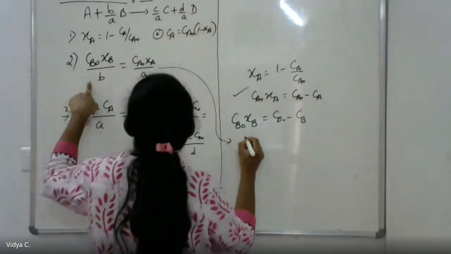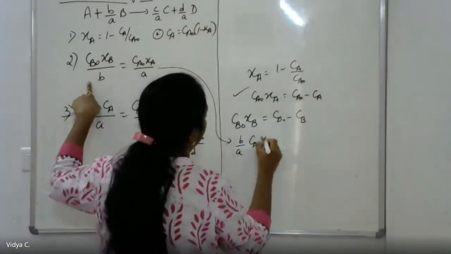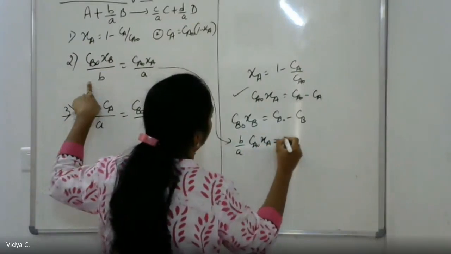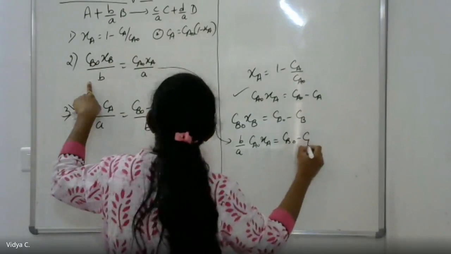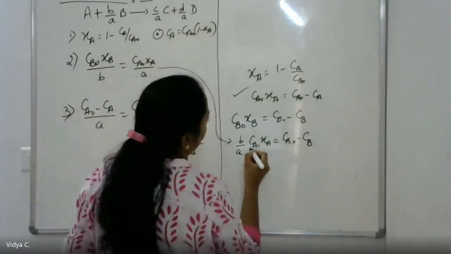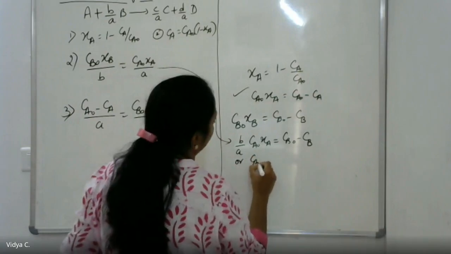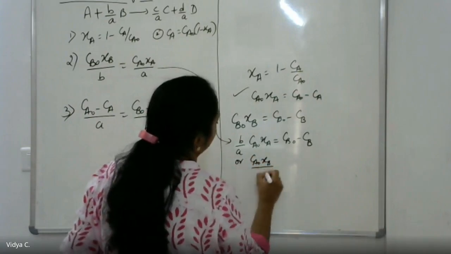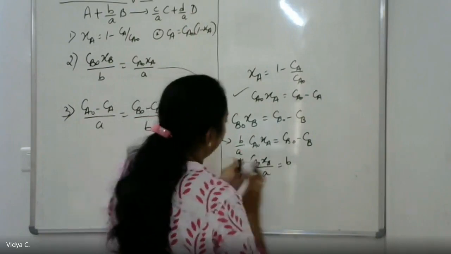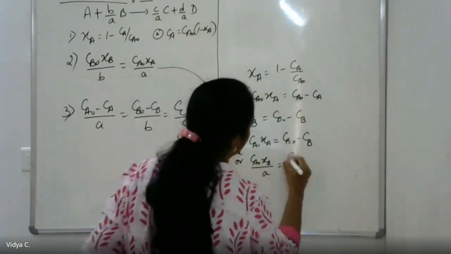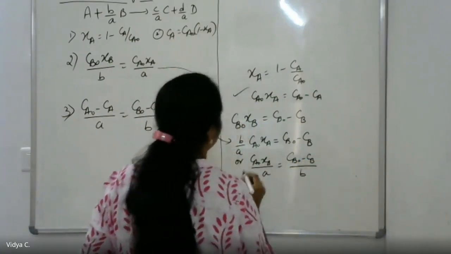So CA naught into XA by A will be equal to CB naught minus CB by B.